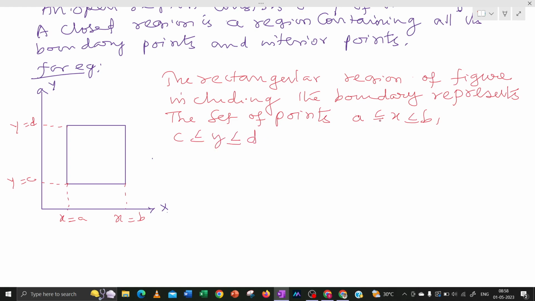Here we can see that less than or equal to means it includes the boundary points also. It is a closed region.